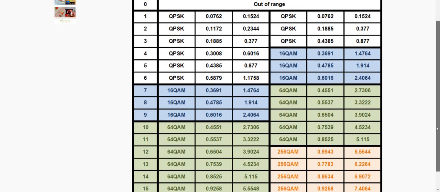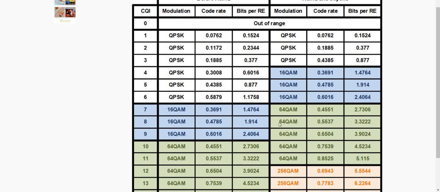Similarly, let me give you another example. Suppose UE has reported CQI 11. So with this eNode B can use the modulation technique as 64 QAM, and code rate will be 0.5.